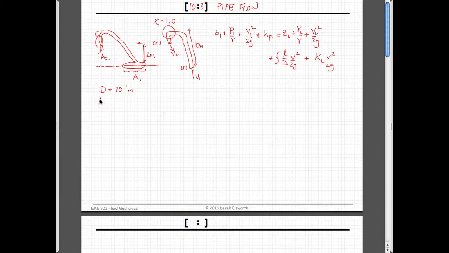And if that's the case, then the area is pi r squared, or pi d squared upon 4. Pi over 4 is roughly 1. So it's approximately 10 to the minus 2 meters squared, roughly, for the nozzle, for A2.